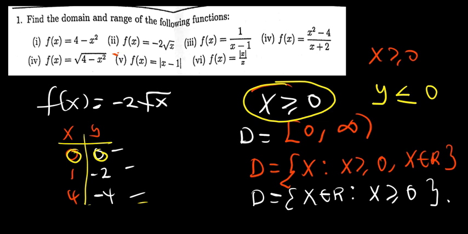Domain is like the husband. Then the range is the wife. The range just follows where the domain is. You can't find the range without finding the domain. It's practically a bit difficult because you have to follow the condition of the x.